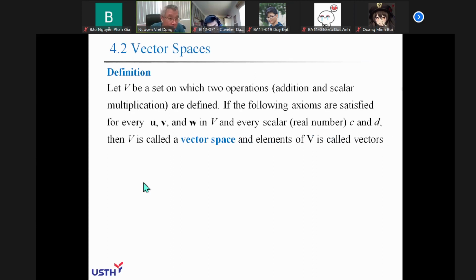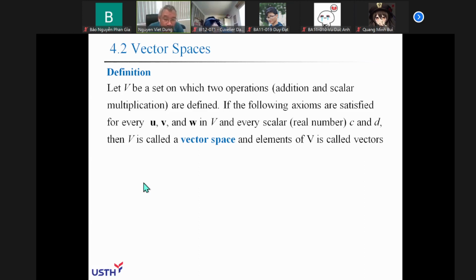Now the definition is here. Suppose that V is a set. On that set, we have 2 operations already defined. Those operations are named addition and scalar multiplication.